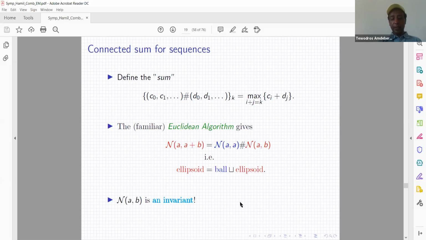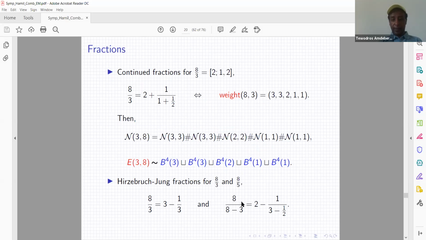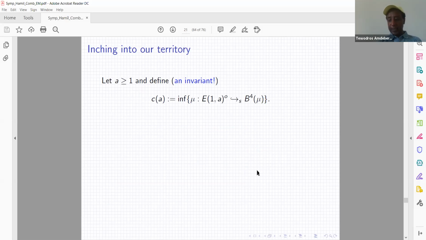And these numbers are numerical invariants. I can come back to this in a second.